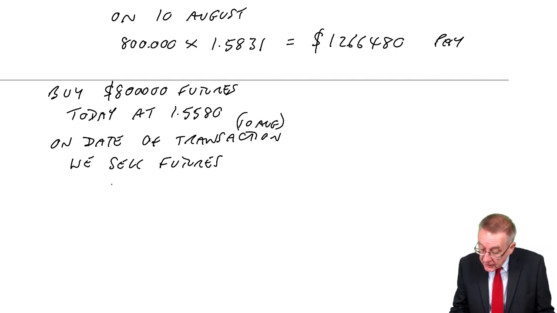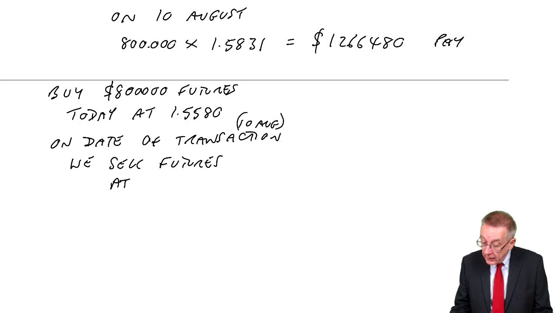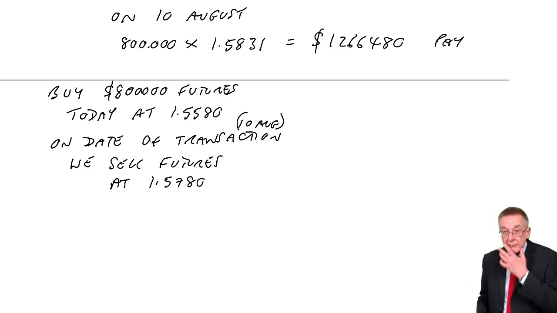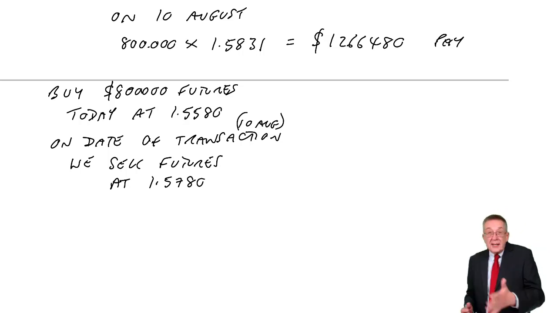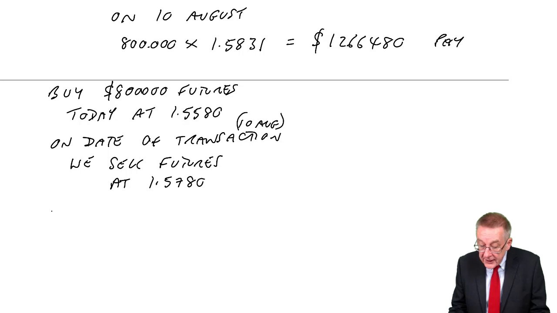And so we'll sell these futures at whatever the price is on the 10th of August. And if it's gone up by 0.02, it'll have gone to 1.5780. The price has gone up. We've made a profit. And so we'll receive from the dealer the gain.